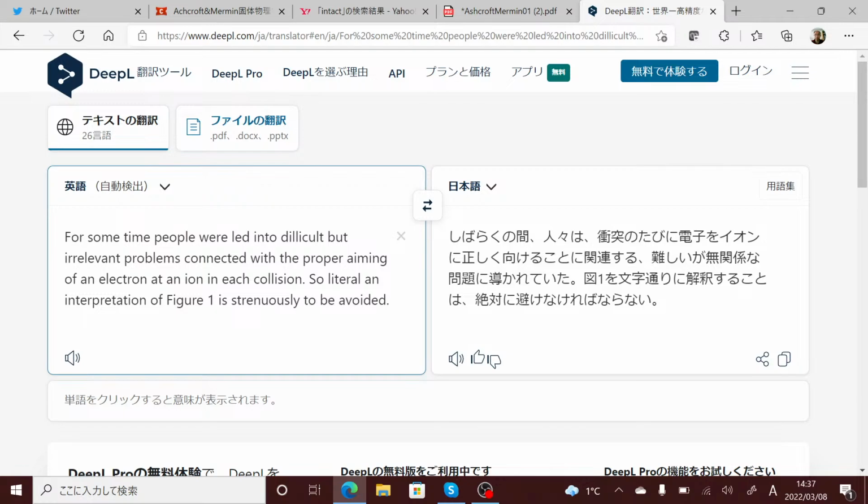So literal an interpretation of figure 1.2 is strenuously avoided.